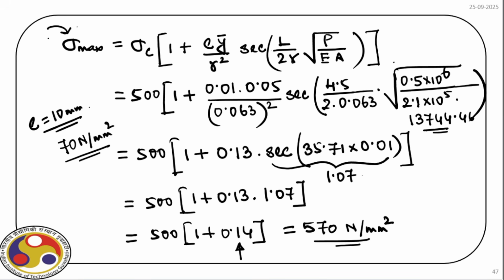Okay. Now today we are going to consider a different problem where we have a column but this column is also having a longitudinal load. For that, let us first consider a column. Say this is the column and it has hinge ends, right?